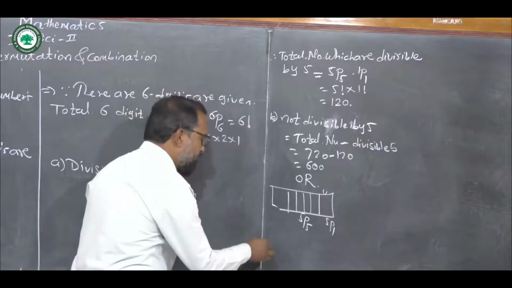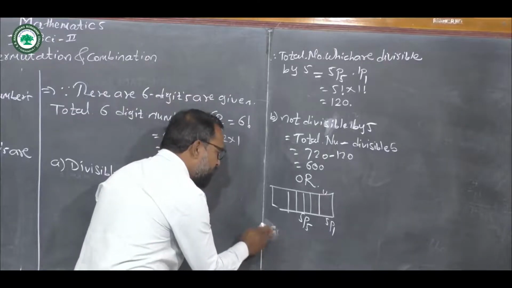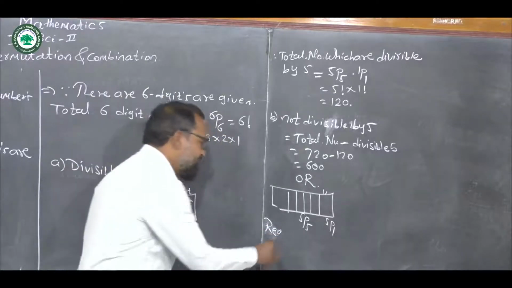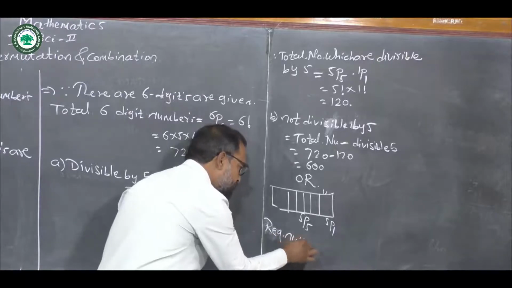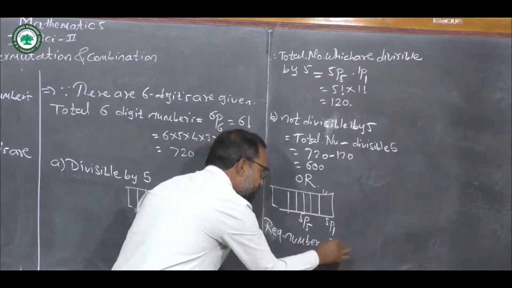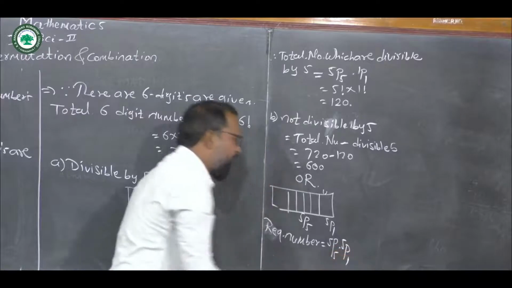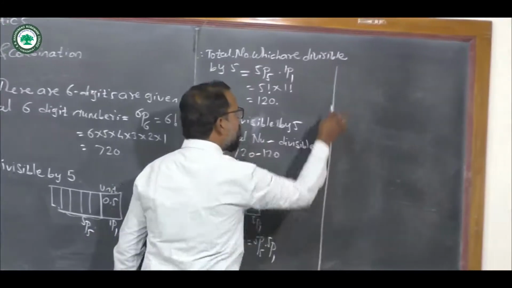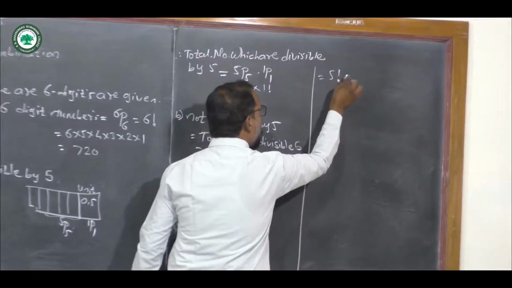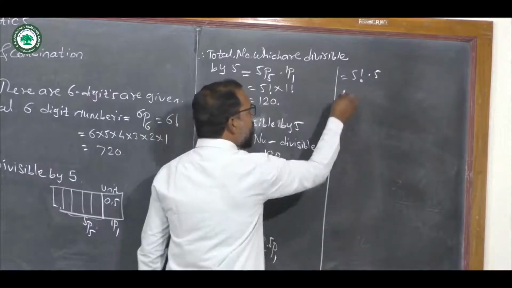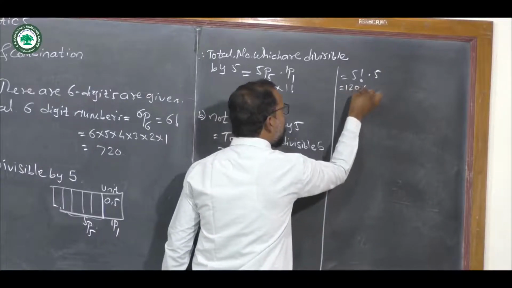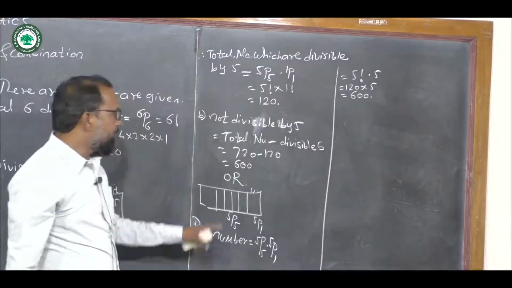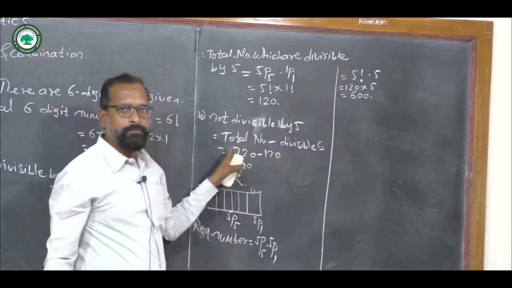So the required numbers not divisible by 5 equal 5P5 into 5P1, which is 5 factorial into 5, and 5 factorial equals 120, into 5, so it becomes 600. The answer is again the same.